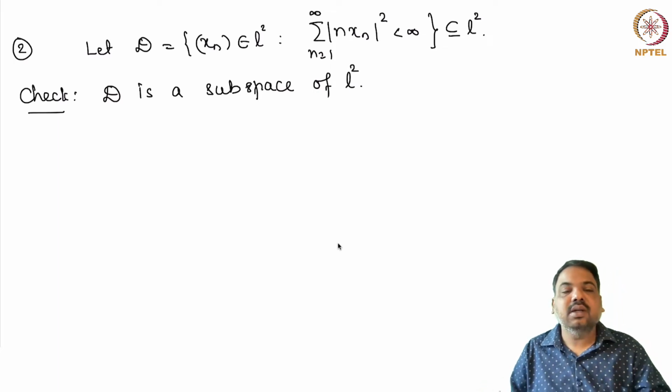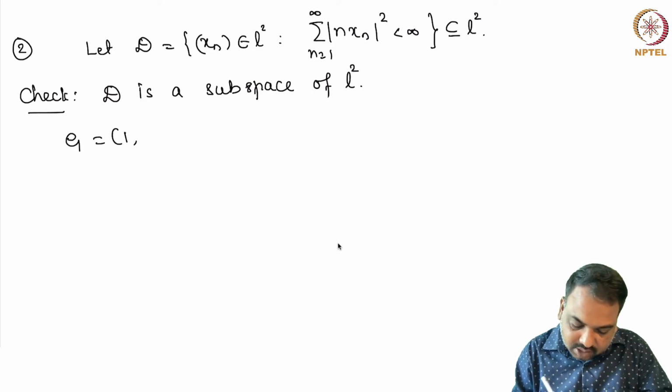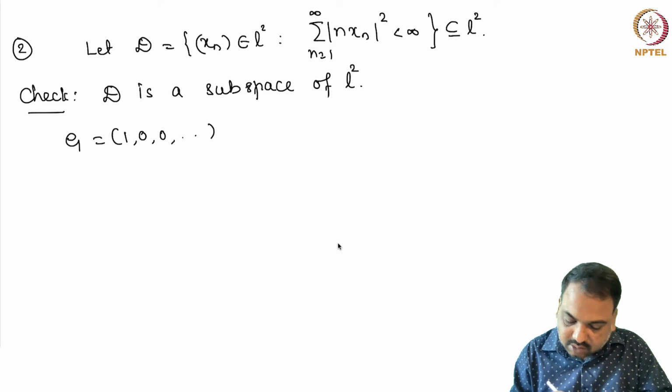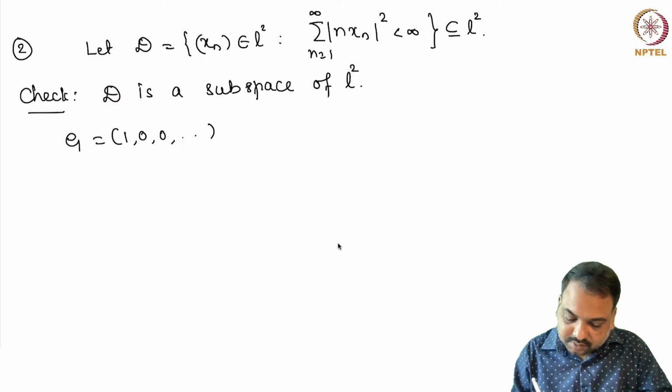We can ask whether D contains any non-zero elements. Clearly 0 is an element of D, but can D contain any other elements of L2? So we can look at the standard orthonormal basis of L2. For example, e1 is (1, 0, 0, ...). If you take e1, that is an element of L2, but that is in D also.